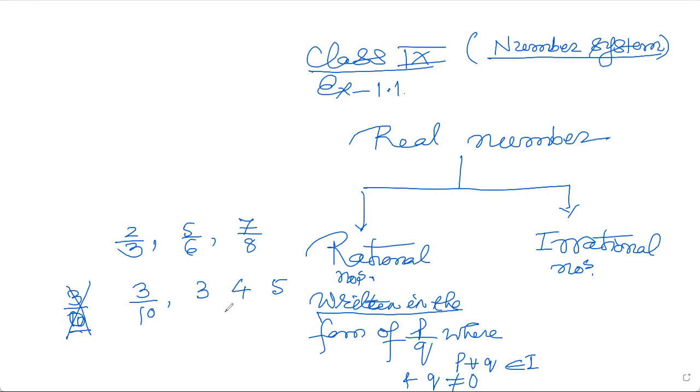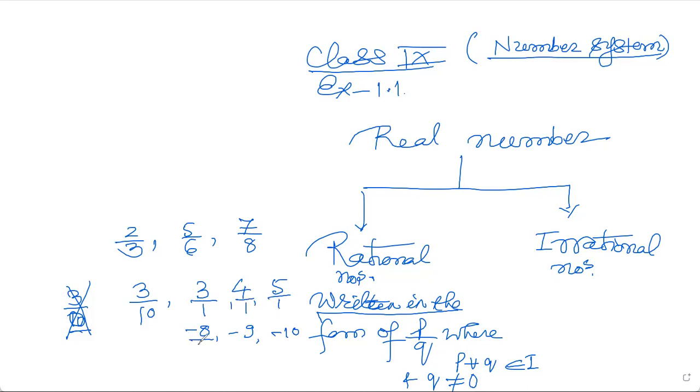So all integers are rational numbers. You can say -8, -9, -10, etc. All those are rational numbers. Now people ask me, here q is not written. So you can say 3 upon 1, 4 upon 1, 5 upon 1.